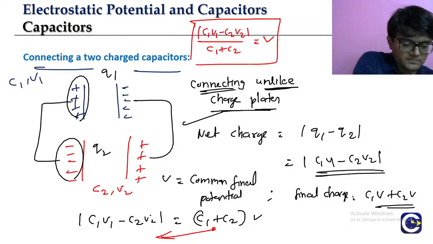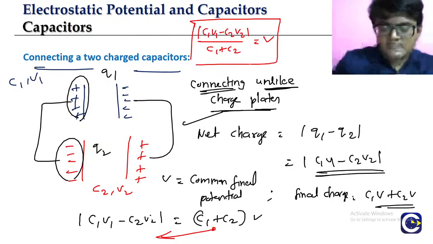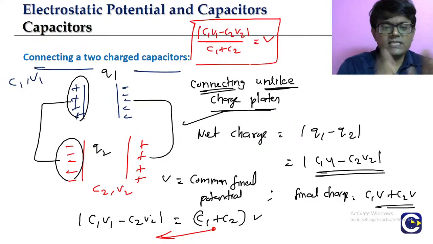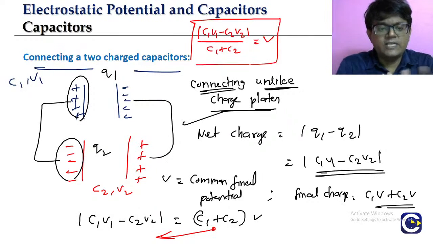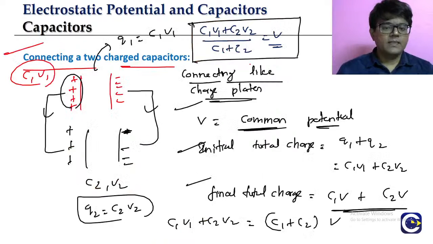This is the common potential. What is the difference? In the first case, when we connect like charge plates, the charges add to each other. So what did we get in the previous case?